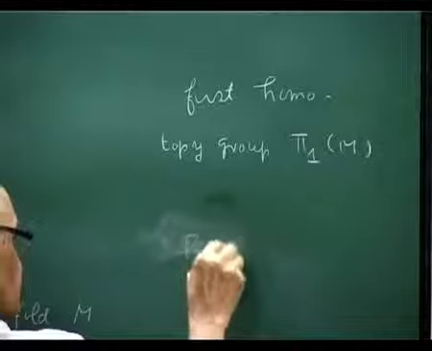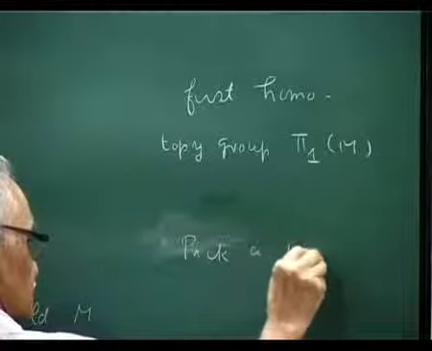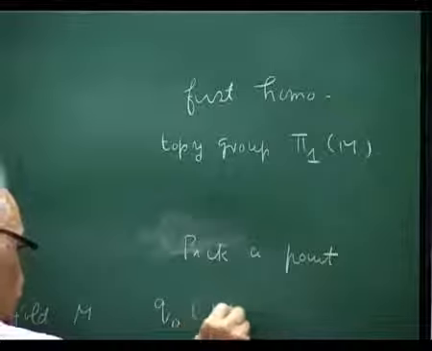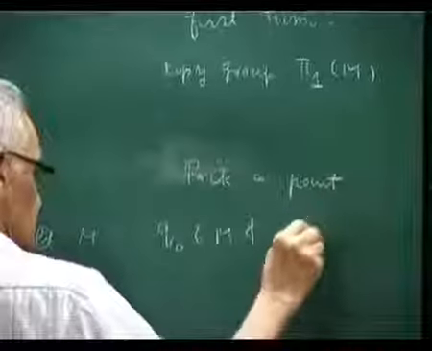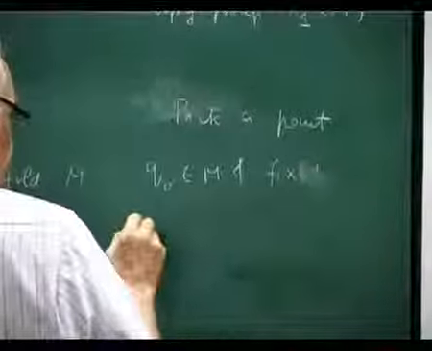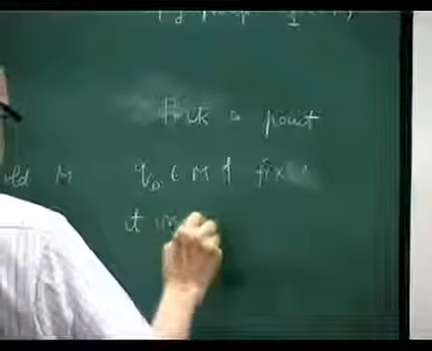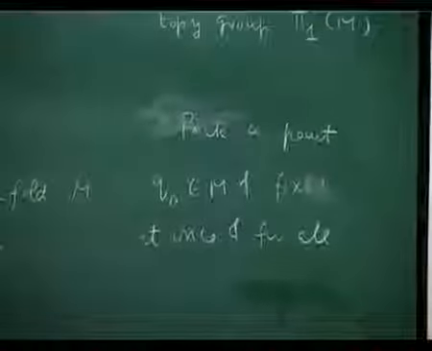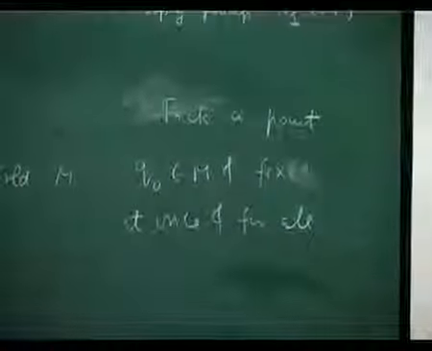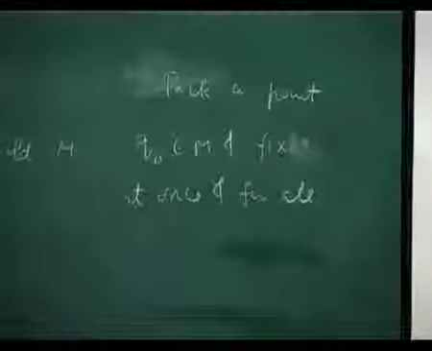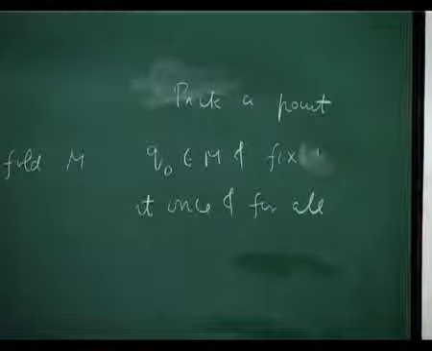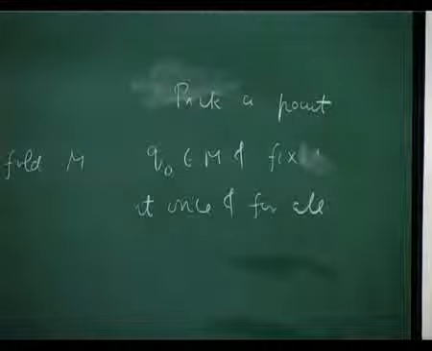Pick a point, call it Q0 in M and fix it, once and for all. You should not change it. If you change it, then you will get something else, called the first homology group, which is simpler than pi 1 of M.